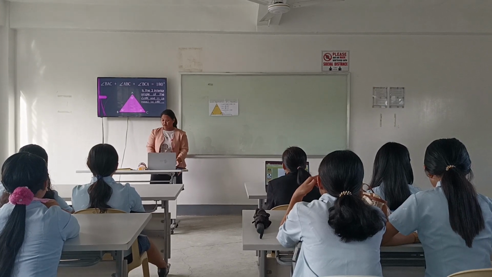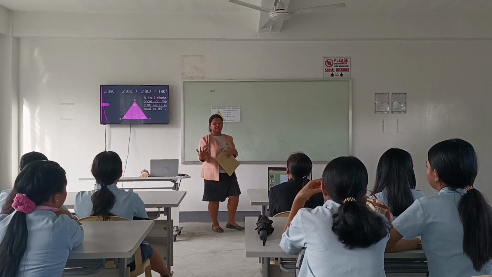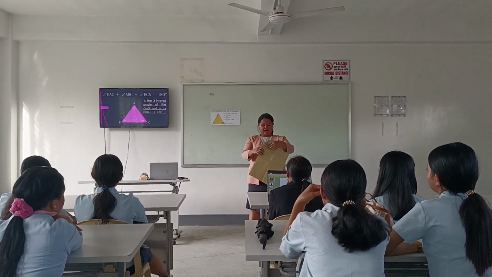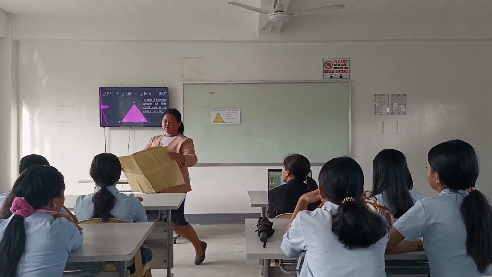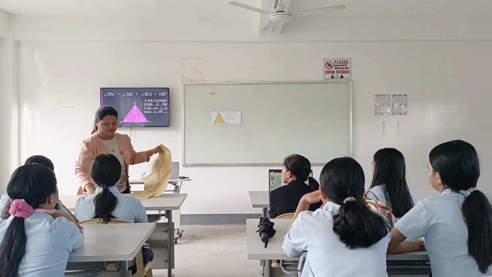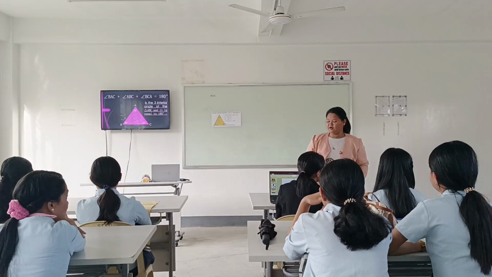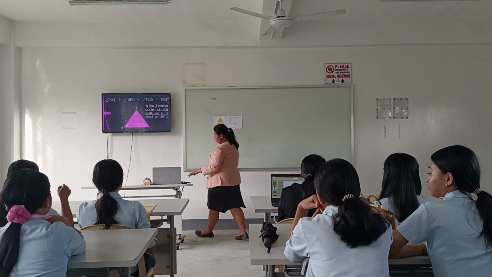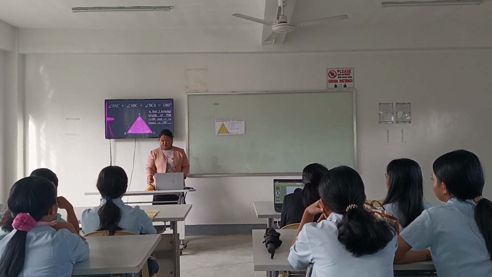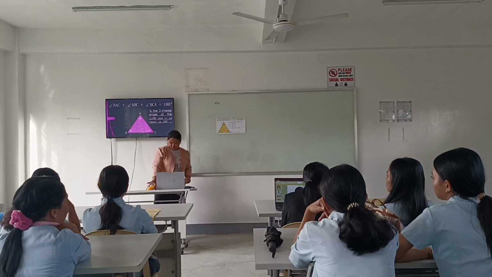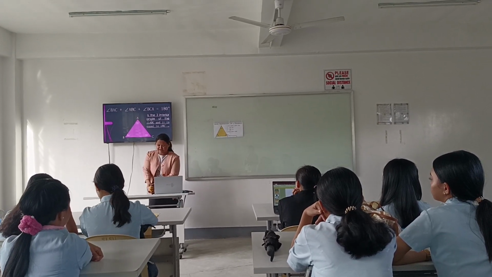Now I want you, based on our discussion on the types of triangle, to do this activity. This will be group 1 and this will be group 2. You will make, or you can also draw, a triangle shape based on what is being asked on the Manila paper.